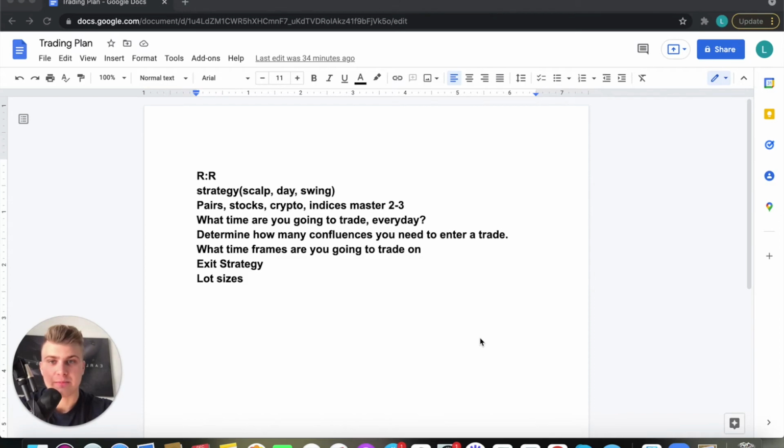Another one is, when do you plan on extracting profits? Do you want to keep using that one account and just keep loading it up, or are you going to start to extract some profits? Are you going to put it in your savings account? Are you going to buy something with it? Are you going to put it into long-term holds, whether it be crypto, indexes, mutual funds or stocks?